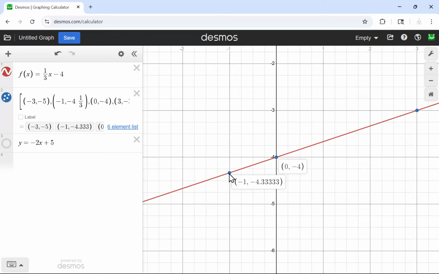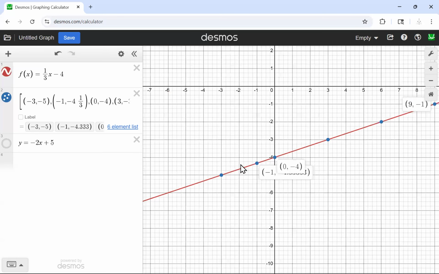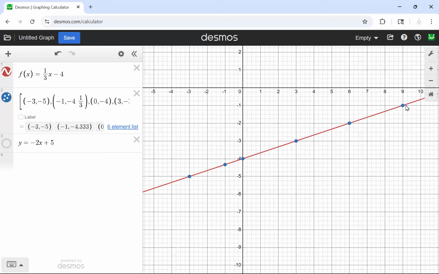So the slope there is 1/3 as well. Any 2 points on this line, if I look at the change in y compared to the change in x, we get this fraction or the slope of 1/3.